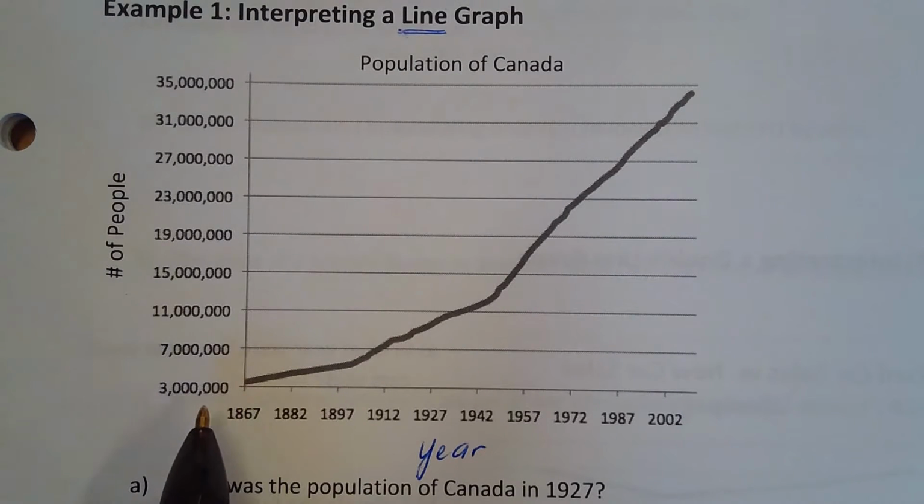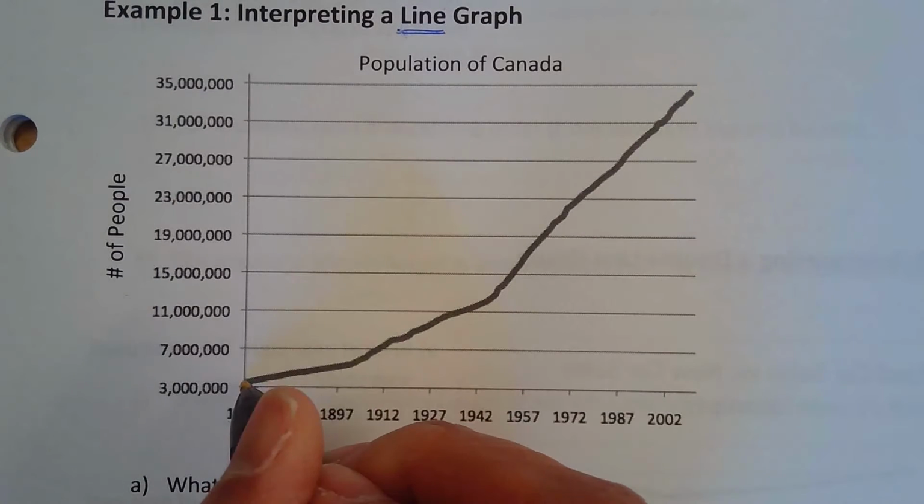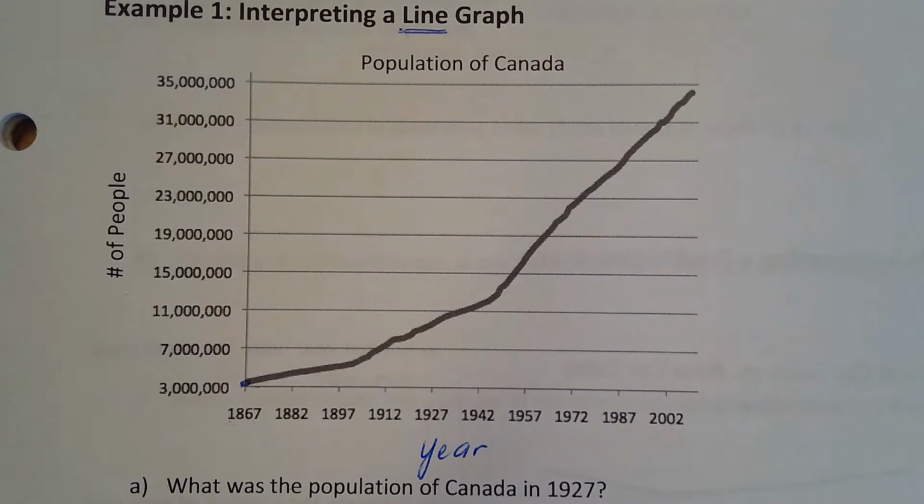A little bit more. We don't know exactly, but approximately 3 million. So it's 1867, 3 million right there. Okay. What do you think is the population in 2002?